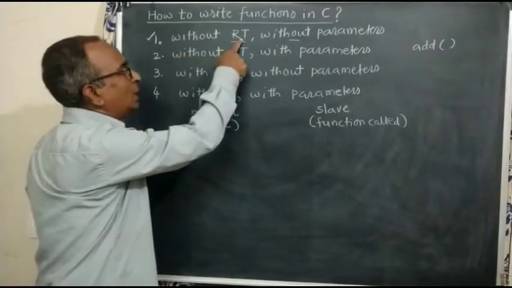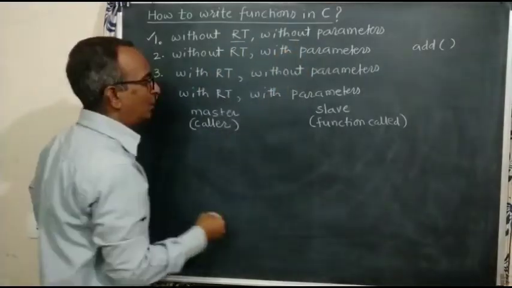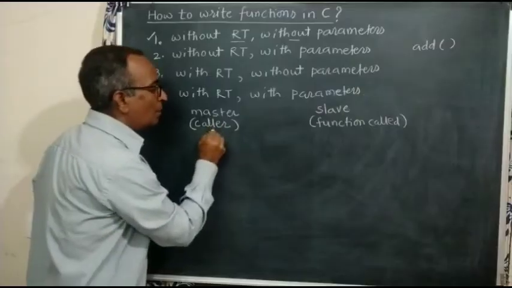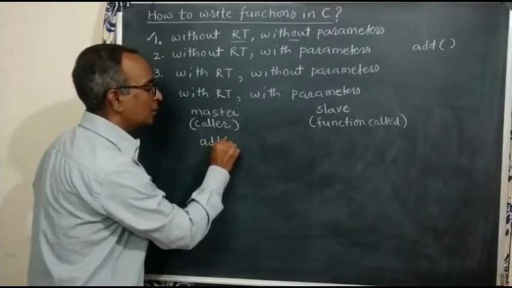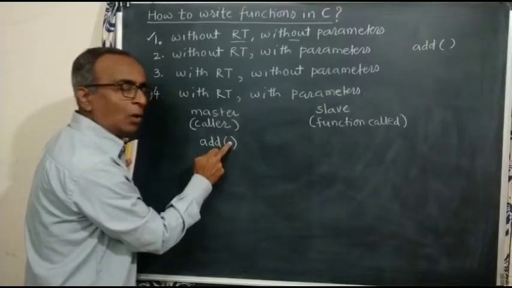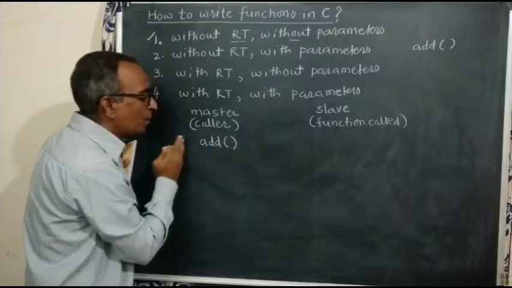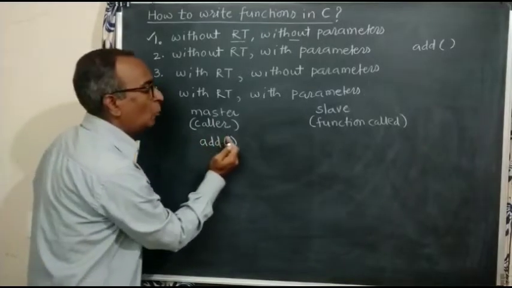Now, the function I want to write without return type and without parameters means what? Master is calling this add. Master is not sending anything, and master is not expecting anything. No return type and no parameters.